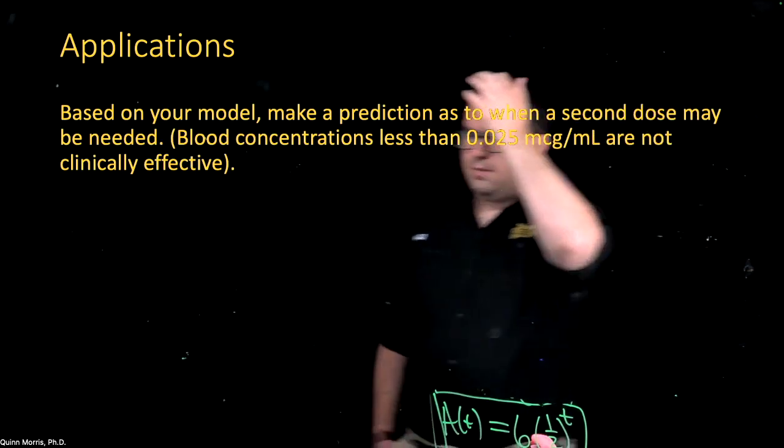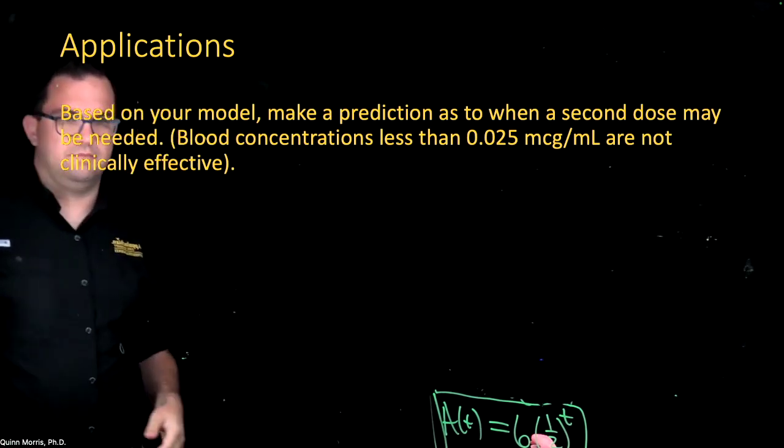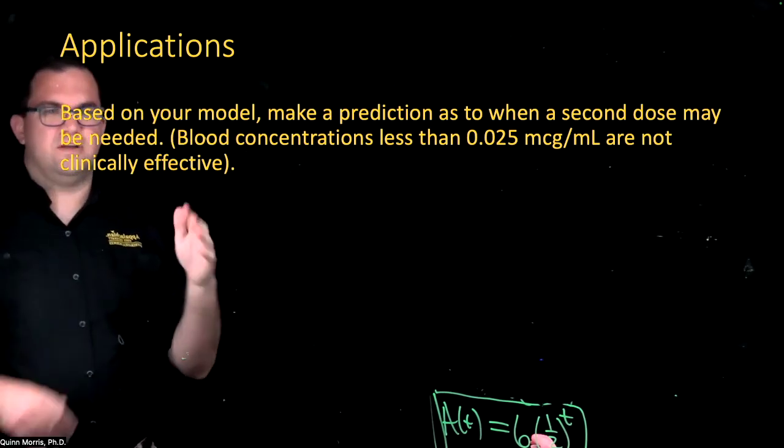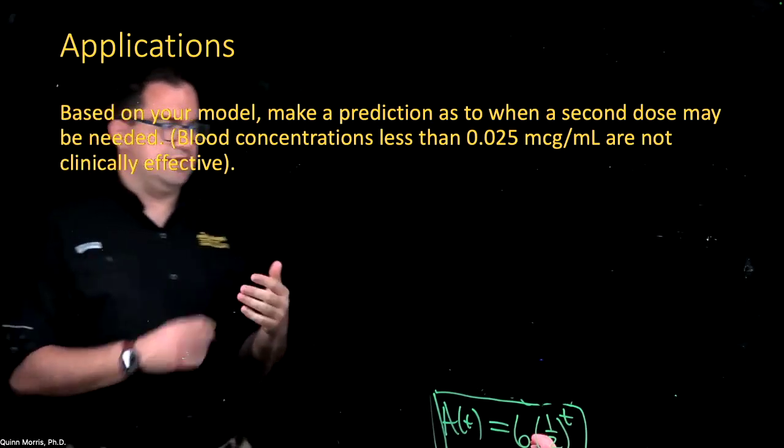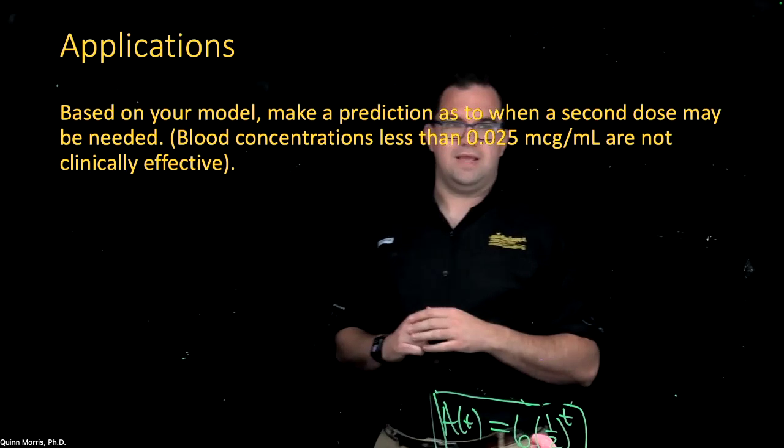So now imagine that first blood panel was taken right after a patient took a dose of amoxicillin, very shortly thereafter. So what you're really seeing is the concentration of amoxicillin in the blood right after taking a dose.